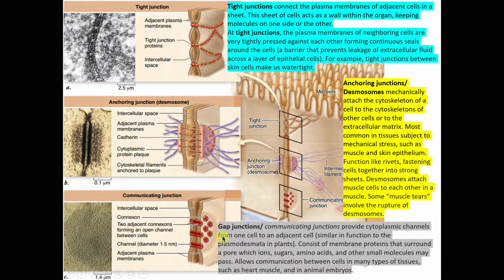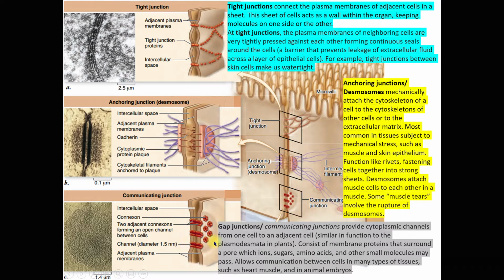So these communicating junctions consist of membrane proteins that surround a pore. Right, this is the pore, yang lubang kosong ini. Yang merah ni ialah membrane protein. Yang lubang ni ialah pore.